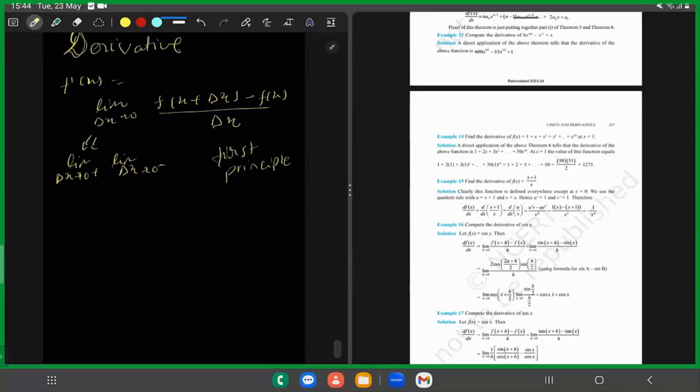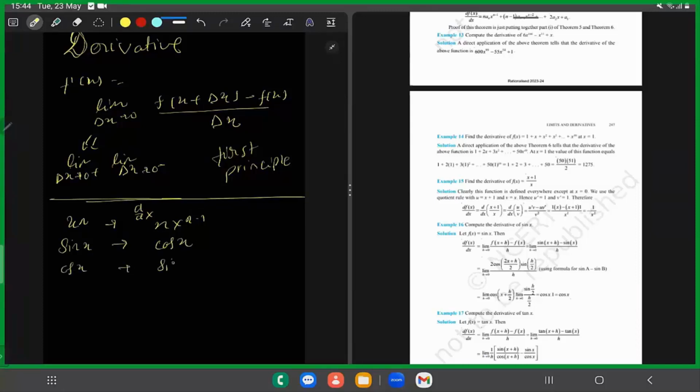If I write some of the basic functions, like x to the power n, dy dx is n times x to the power n minus 1, and for trigonometric functions like sin x, this is cos x, and for cos x, this is minus sin x. For log x, this is 1 by x, and for e to the power x, this is simply equal to e to the power x.